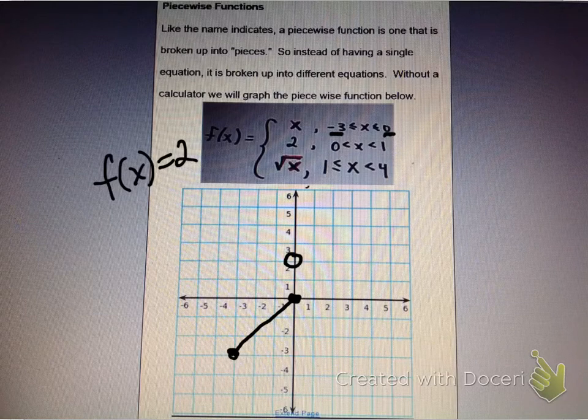When I plug in 1 for f of x equaling 2, I'm going to get 2 again out for my y. I'm going to be open on that as well because it's less than. And f of x equals 2 is just a horizontal line, so I'm going to connect the dots here.